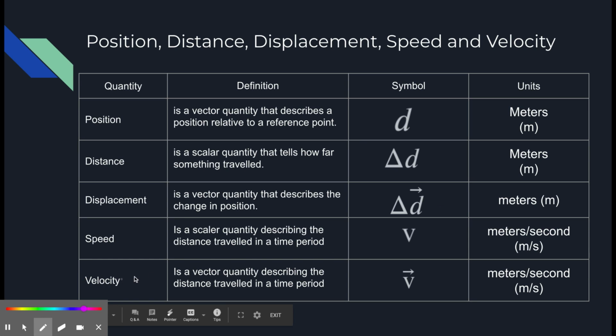Okay, these are key terms you're going to see, and you need to know the difference between them all. Position is a vector quantity that describes a position relative to a reference point.